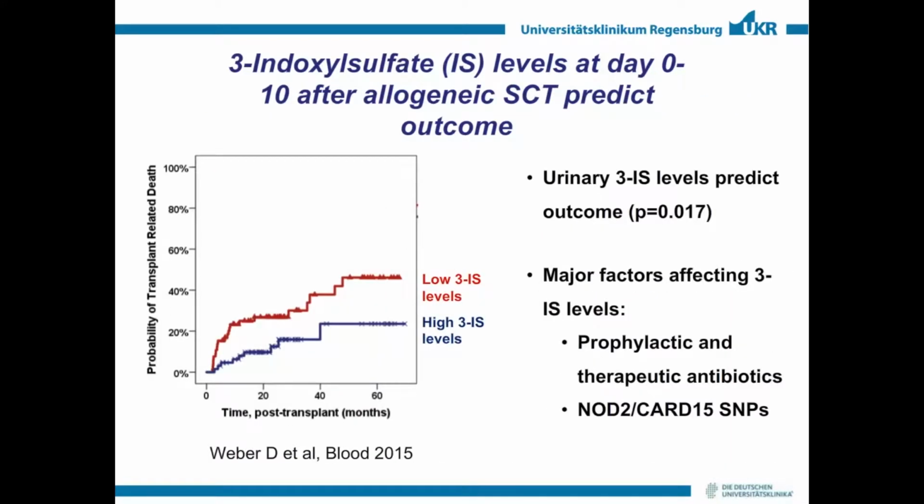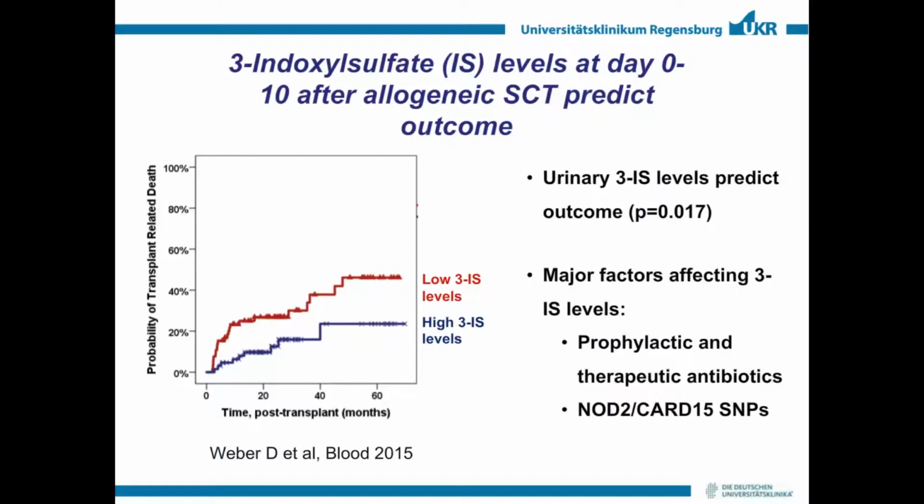When we did a serial analysis of indoxyl sulfate levels in 130 patients at different time points after transplantation, we observed that low indoxyl sulfate levels, again very early in the first 10 days after transplantation, predicted the long-term outcome.